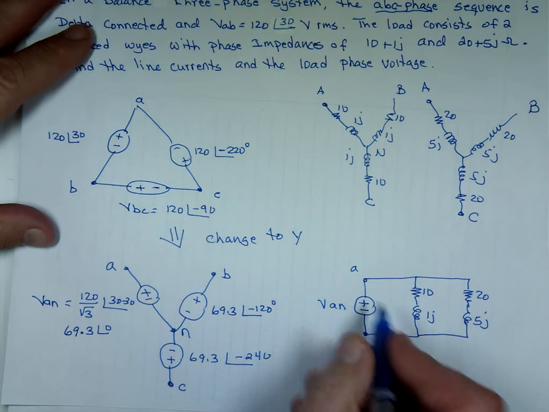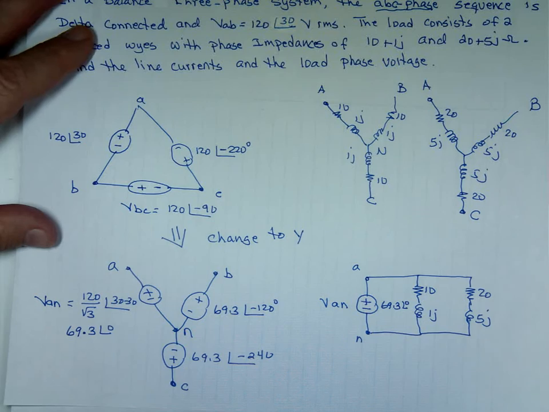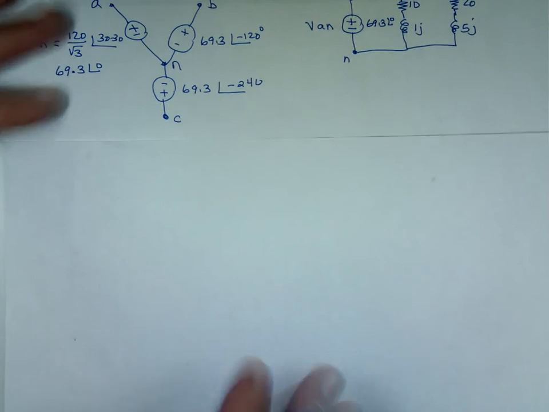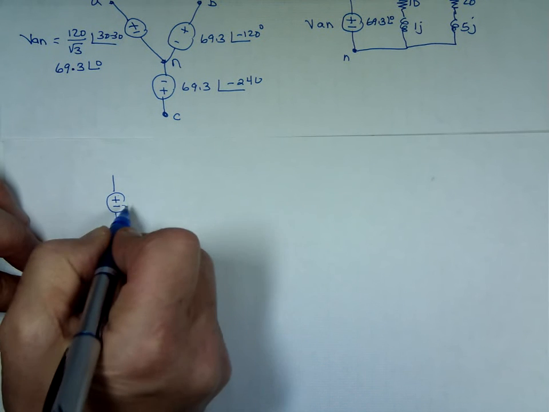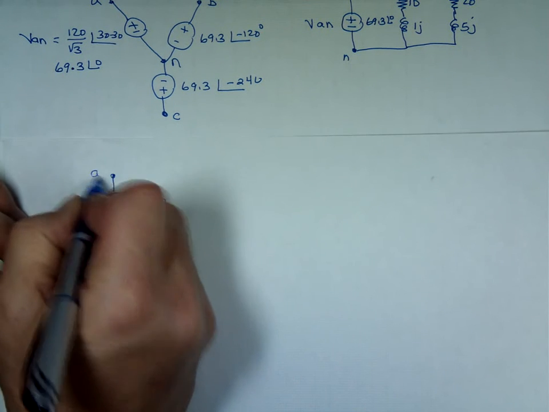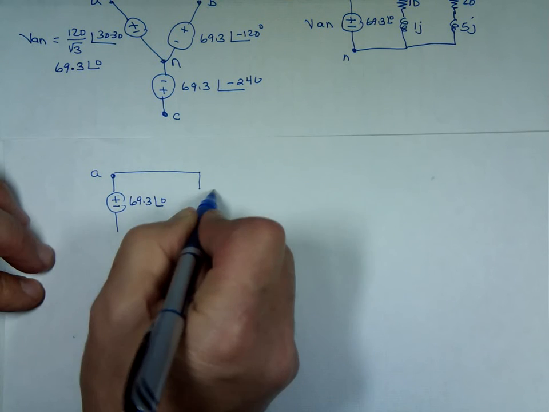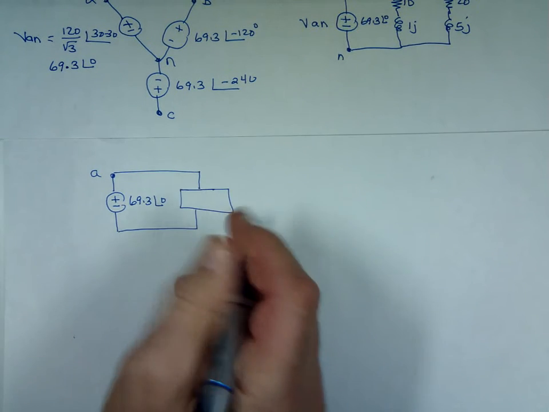We know VAN is 69.3 angle 0. Let's see what that value is once I go to my calculator.